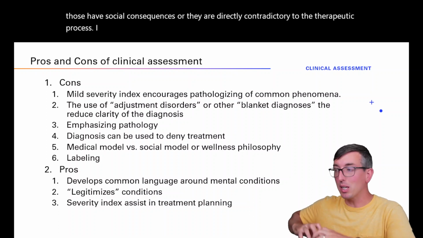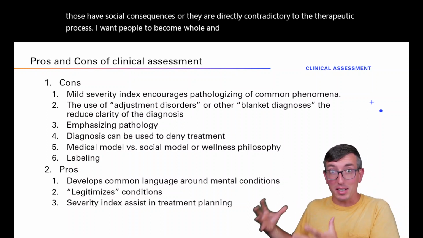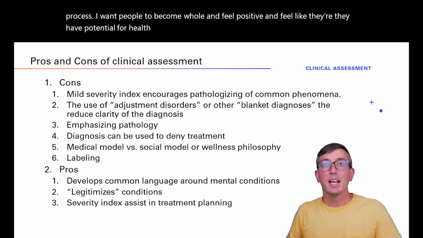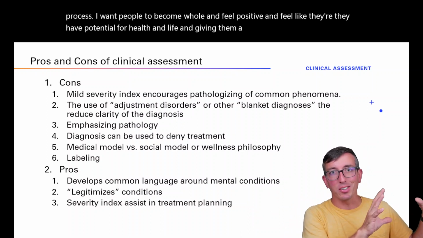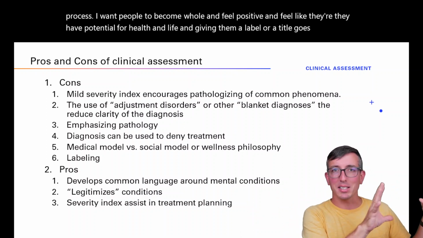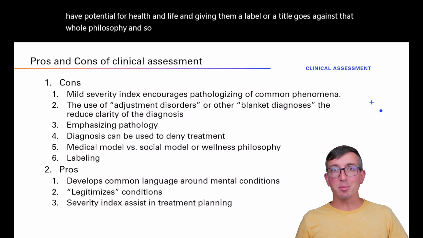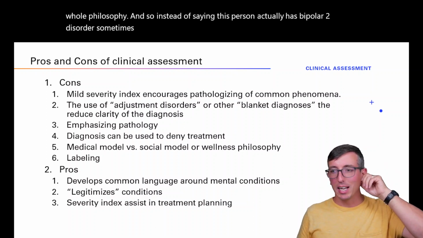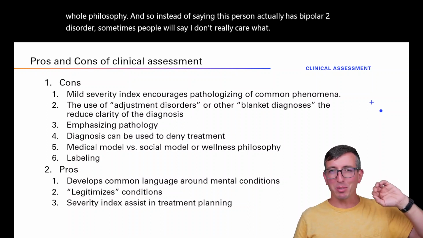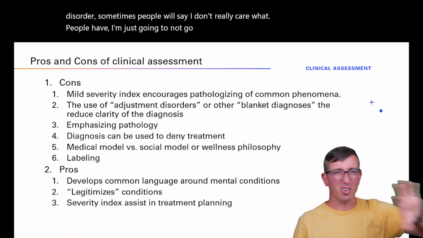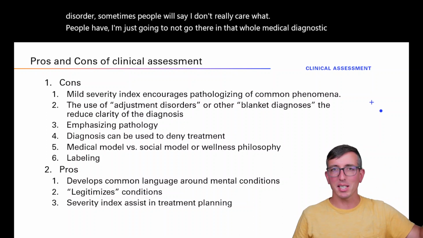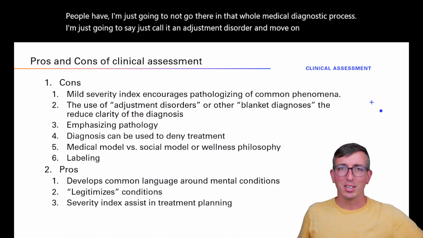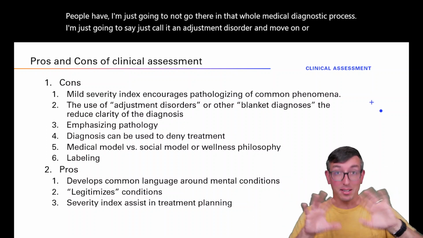I want people to become whole and feel positive and feel like they have potential for health and life, and giving them a label or a title goes against that whole philosophy. And so instead of saying this person actually has bipolar 2 disorder, sometimes people will say, I don't really care what people have. I'm just going to not go there in that whole medical diagnostic process. I'm just going to call it an adjustment disorder and move on. And so that's the thing that happens.